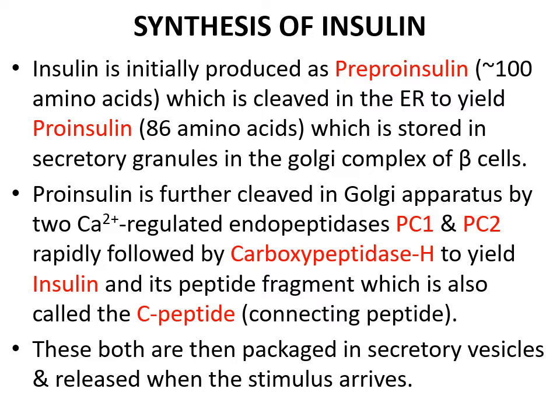Proinsulin is further cleaved in the Golgi apparatus by two calcium-regulated endopeptidases, prohormone convertase 1 and prohormone convertase 2, rapidly followed by carboxypeptidase H to yield insulin and its peptide fragment, also called the C-peptide or connecting peptide. These are then packaged in secretory vesicles and released when the stimulus arrives.